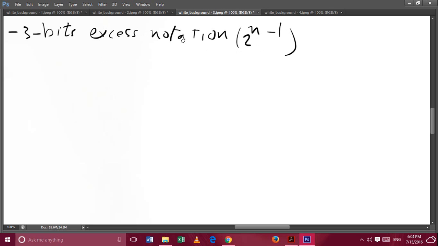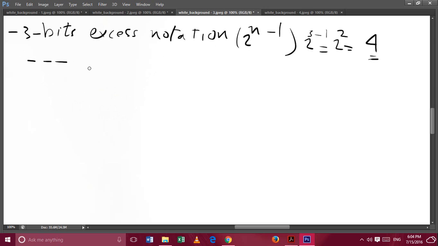So the excess for this notation is 2 raised to the power of n minus 1, where n is the number of digits, by the way. So this is the 3 bits excess notation, 1, 2, 3. N is equal to 3. So the excess would be 2 raised to the power 2, which would be 4.